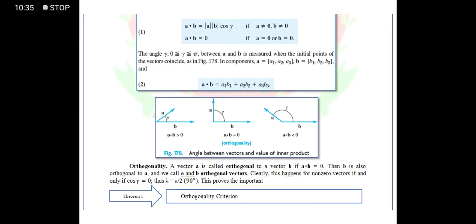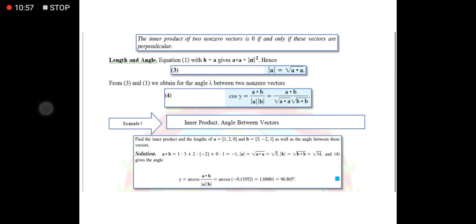We have here a dot b is equal to the absolute value of a times the absolute value of b times cosine of lambda, where lambda is the angle between vectors a and b. Okay? As you can see in our figure 178. Please just refer to that.